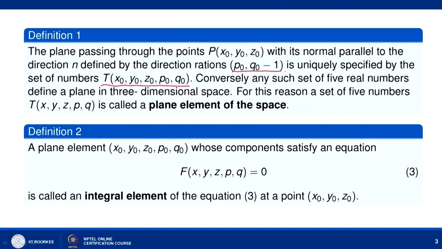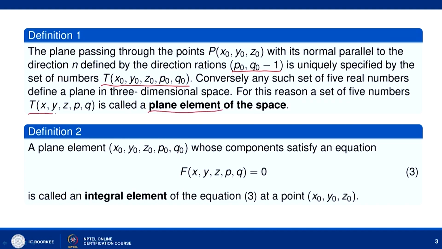So, any plane can be characterized by the point and the normal vector at that particular point, and you can characterize that plane by this 5-tuple, that is x, y, z and p, q. Conversely, any such set of 5 real numbers defines a plane in 3 dimensional space, and for this reason a set of 5 numbers (x, y, z, p, q) is called a plane element.